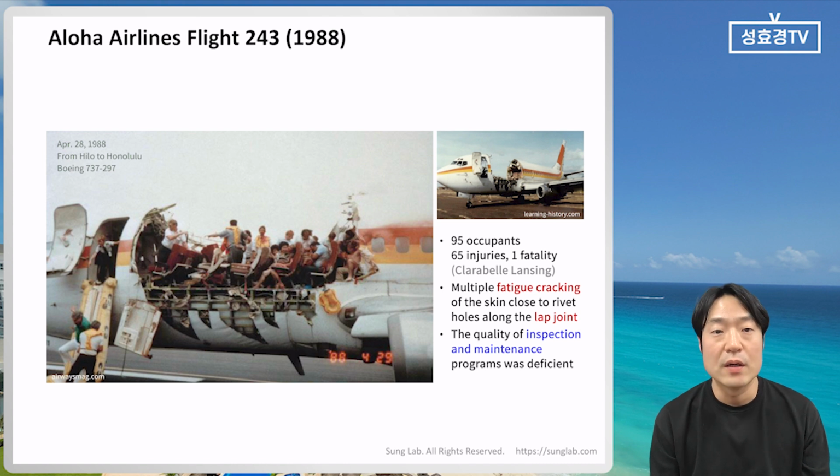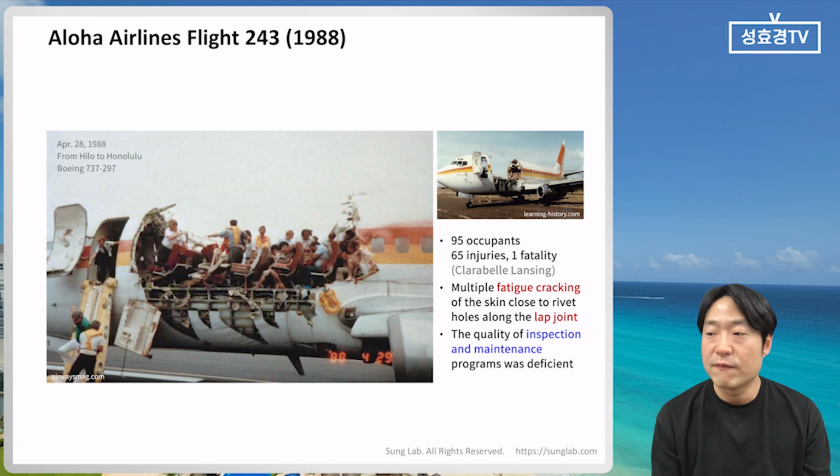So the plane was very exposed to departures and arrivals, and it is a little bit difficult to observe that. But at that time, multiple fatigue cracks were shown in the skin close to the rivet holes along the lap joint, but they didn't observe them much. So a very tragic accident happened.